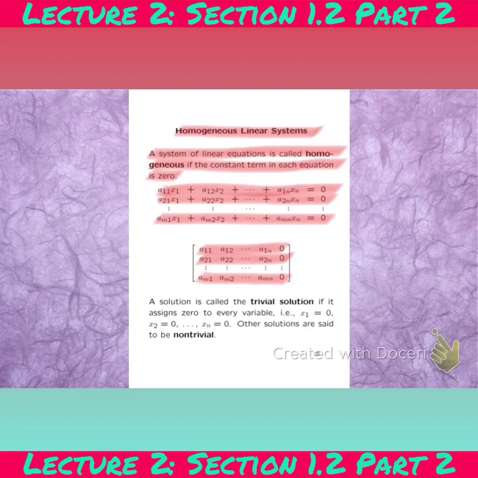It's a solution where each x is equal to 0. So a solution is called a trivial solution if it assigns 0 to every variable. So in this case, if we make x1, x2 up until xn all 0, that surely is a solution. So a homogeneous linear system is always consistent, and we refer to other solutions as non-trivial.